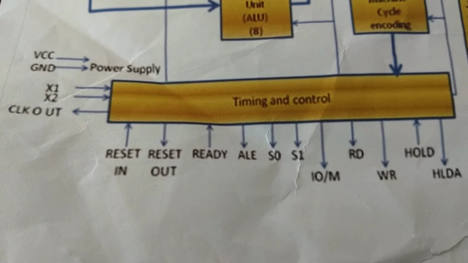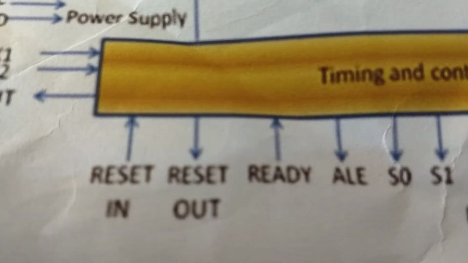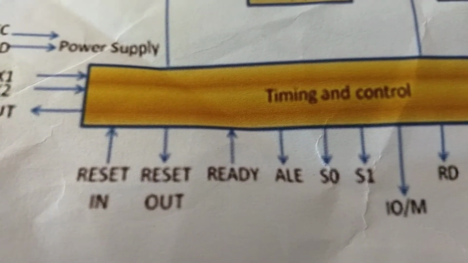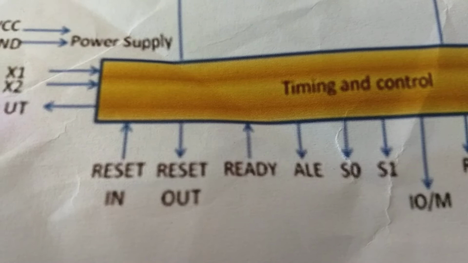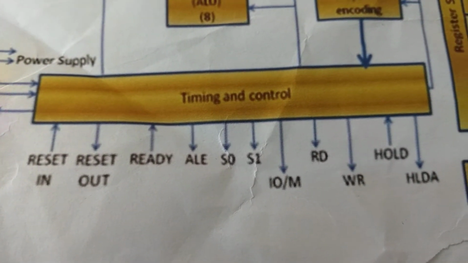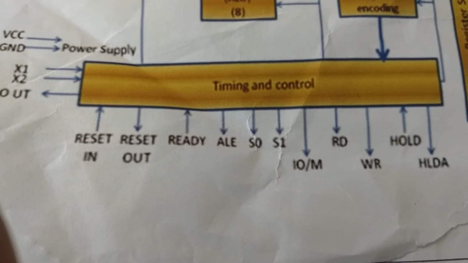Here there are different signals, you can see: reset in and reset out. Whenever we have to reset the operation, we can press the button reset in, and then reset out. Ready indicates whether the processor is ready or not.